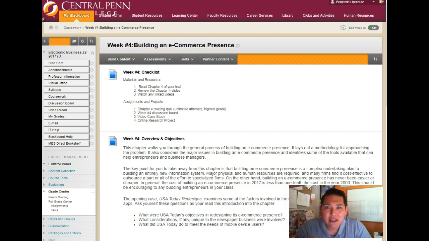This plants the idea that systems, information, and business objectives are all intimately connected in any e-commerce or online presence. Going on from there, you'll see figures 4.4 and 4.5. Figure 4.4 covers most of the outsourcing options available, and figure 4.5 illustrates the range of tool options available to you. And then you'll get to see the case.